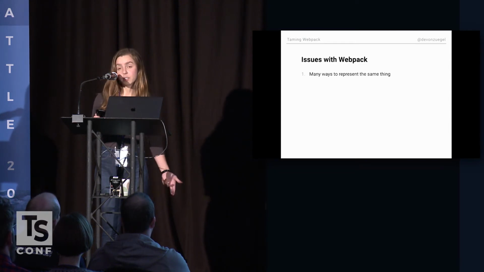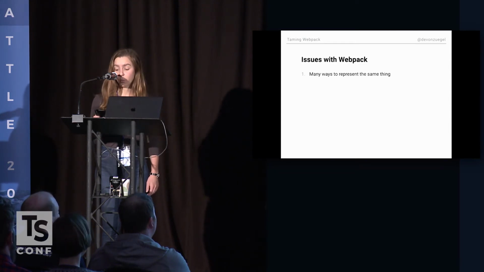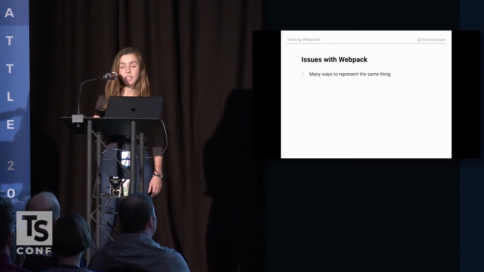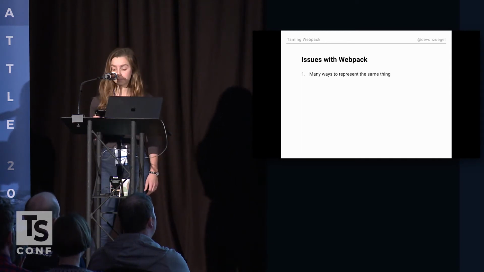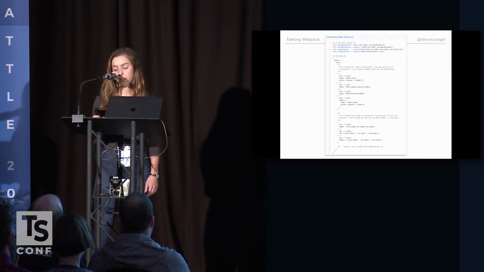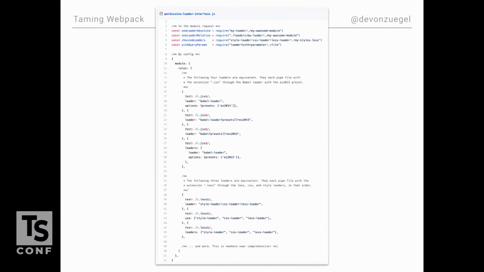There are a lot of challenges with Webpack. One issue is that there are many ways to represent the same thing. To take just one example, Webpack's loaders interface is extremely permissive. A loader can be a string of just a name, a string with query params, an object containing a bunch of options.